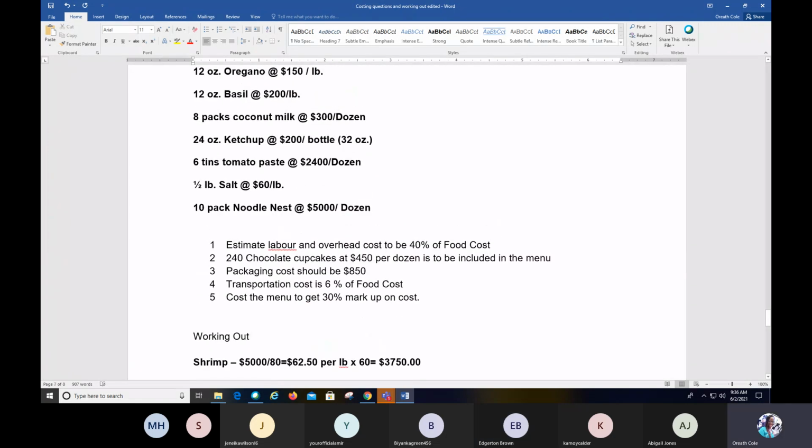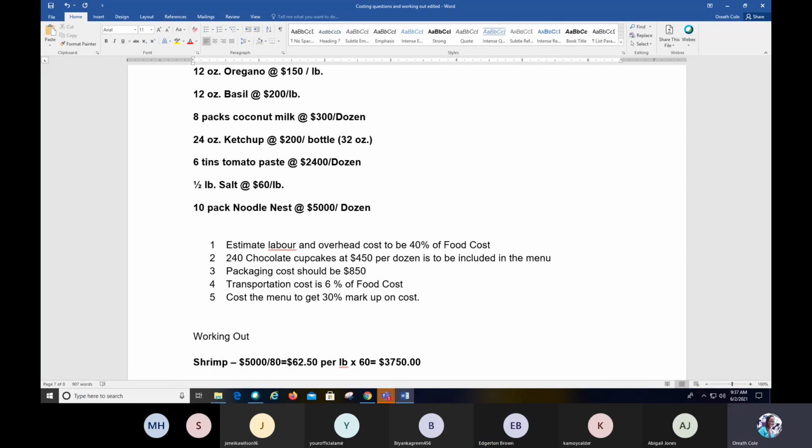The next one we're working out is ketchup. Look at that now. What do we know? $200 for a 32 ounce bottle. How many ounces are in the bottle? 32 ounces in the bottle. And how much do we want to find the cost of? 24 ounces.